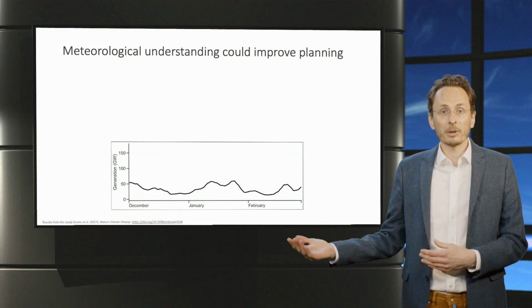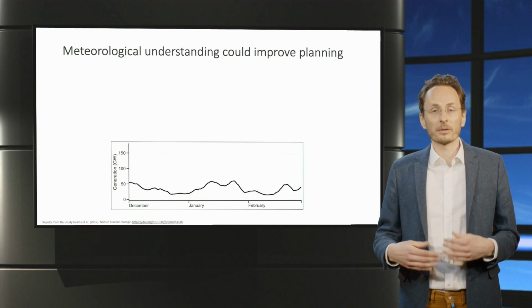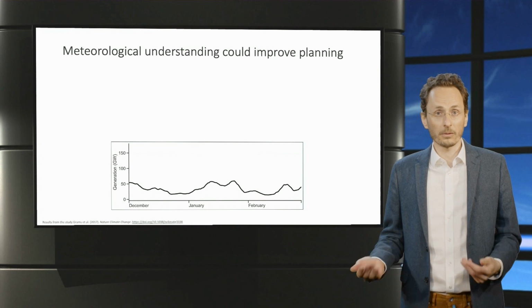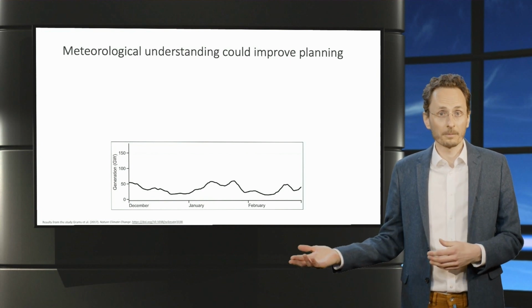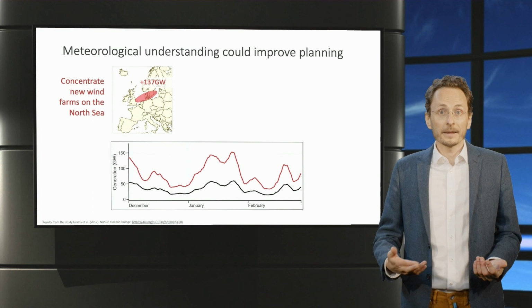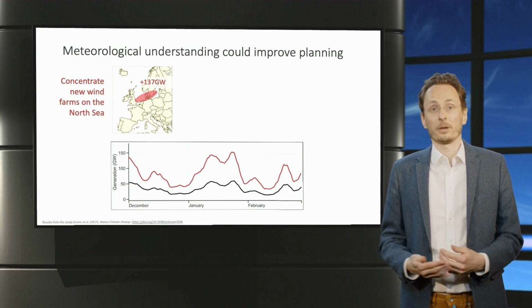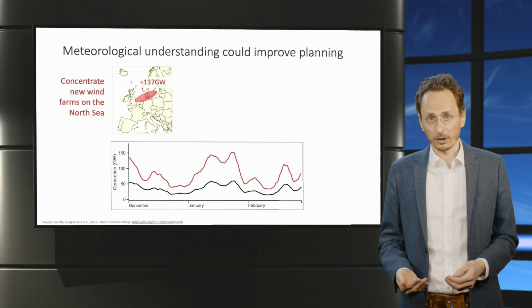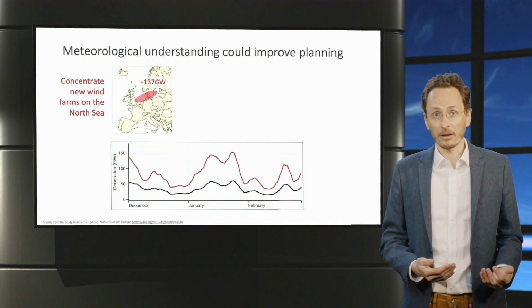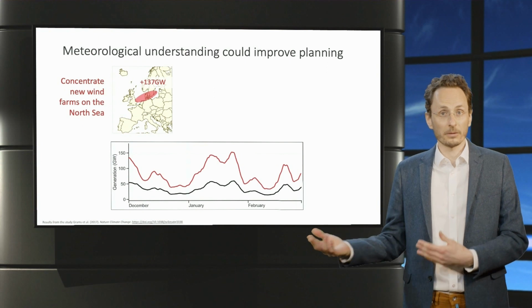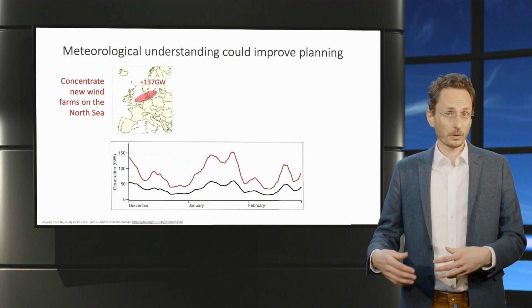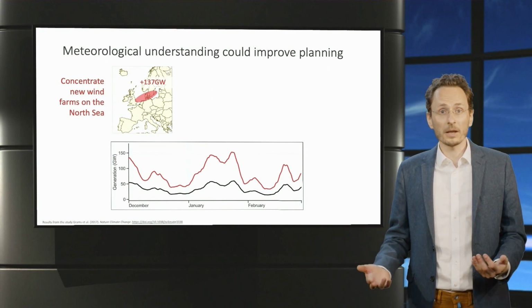Here in black, you see a simulation of the 5-day average electricity generation from all of Europe's wind farms over December, January, and February. In red, the electricity generation from all existing and future wind farms, if those additional wind farms are mostly built in the North Sea area. Which makes sense because that is one of the windiest areas. So the owners of those wind farms will be able to sell more electricity and thus make more money.